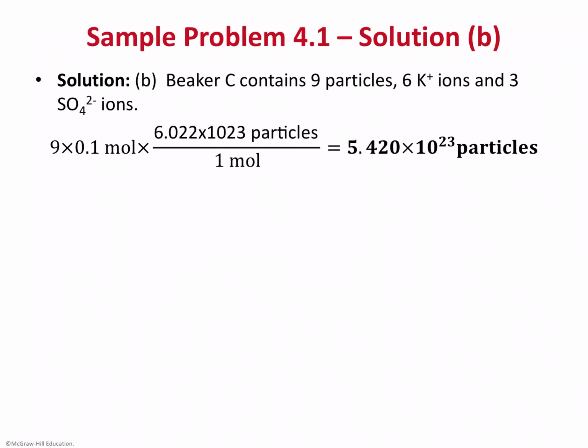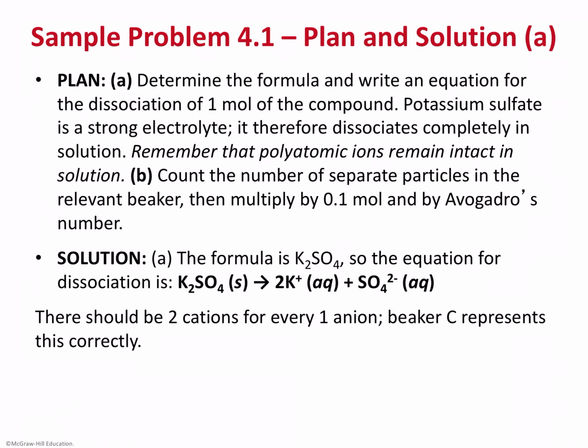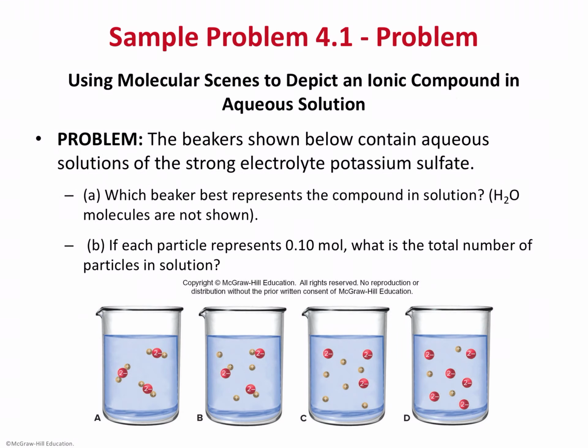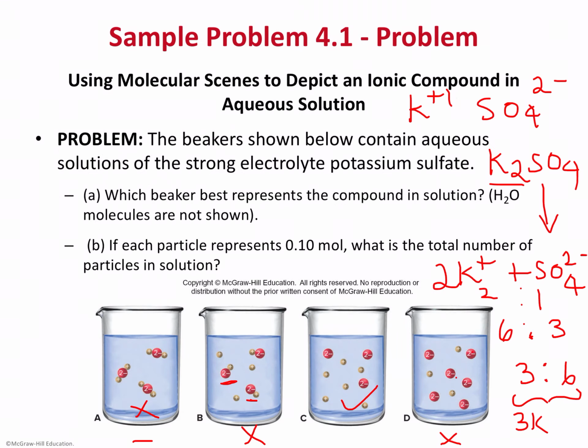0.9 moles. And then we can also consider, once you get the number of moles, what is the number of particles. If each particle represents 0.1 mole, what is the total number of particles? Since each one is 0.1 mole, there are 0.9 moles of particles. Then what is the total number of particles? If you take 1 mole, there are Avogadro number of particles.